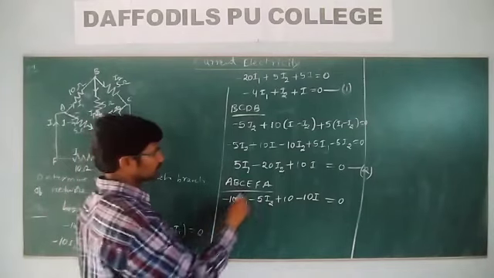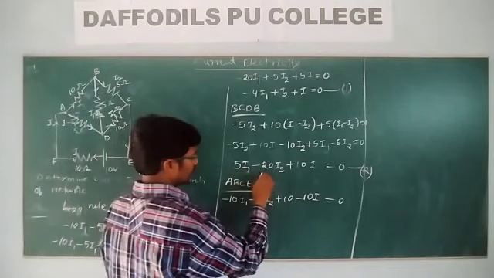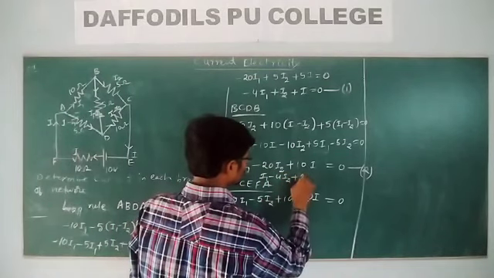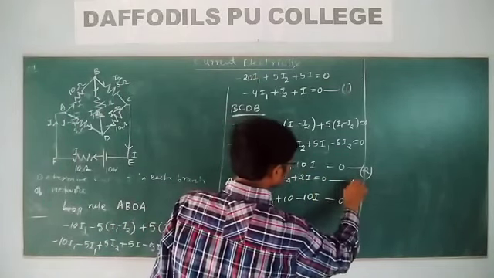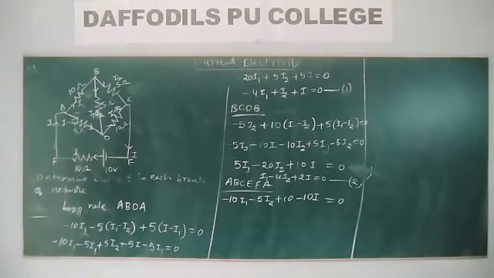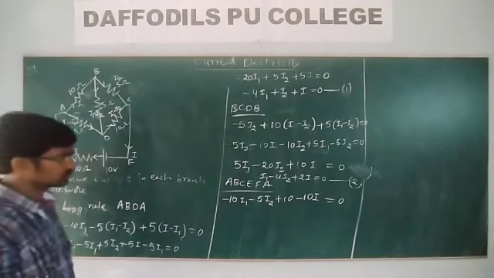Again, what do we have here? So we can even write this as I1 minus 4I2 plus 2I is equal to 0. Second equation. Okay.